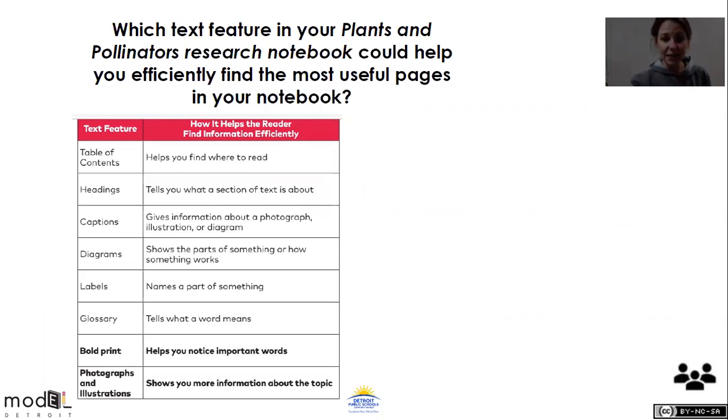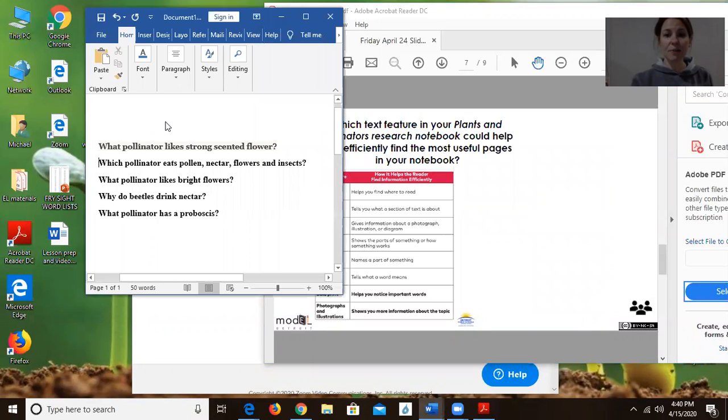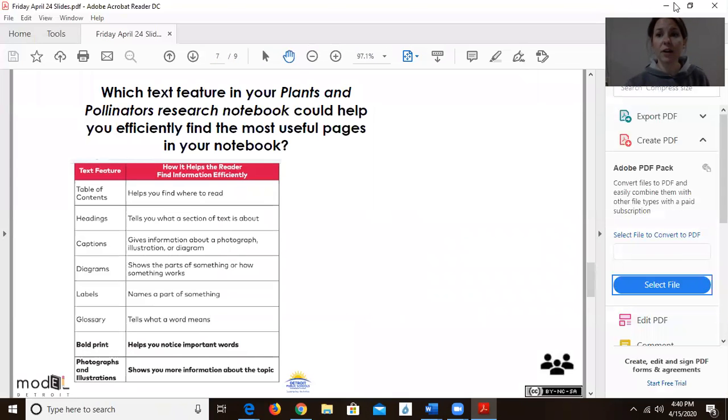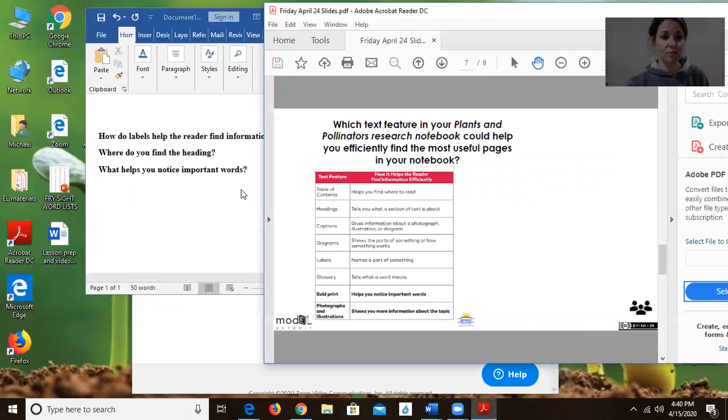The questions you're going to answer about our text features anchor chart are: How do labels help the reader find information efficiently? Where do you find the heading? And what helps you notice important words? Which of those text features helps you notice the important words?